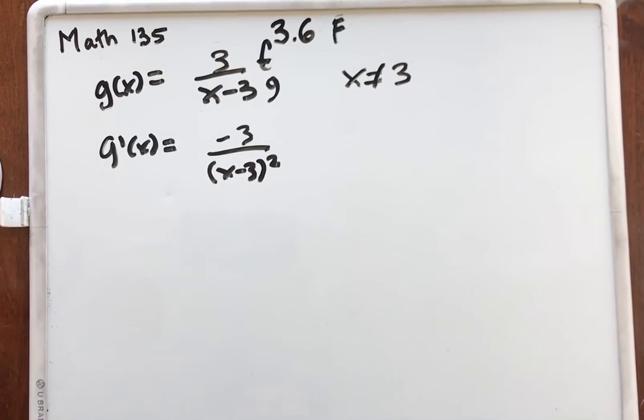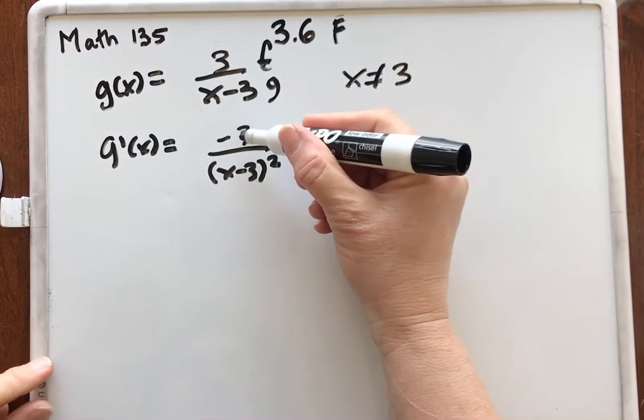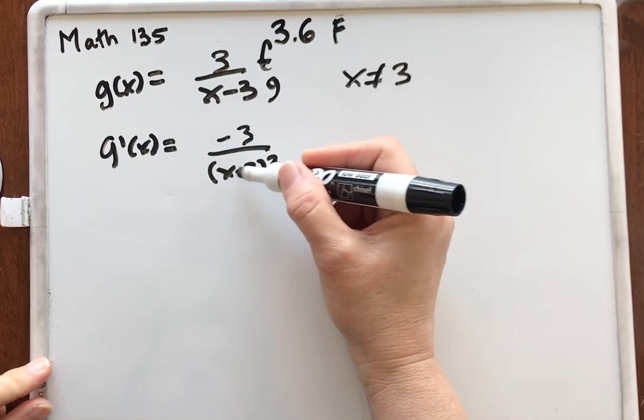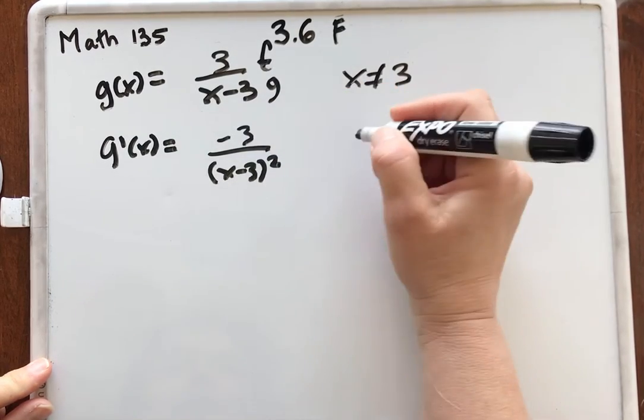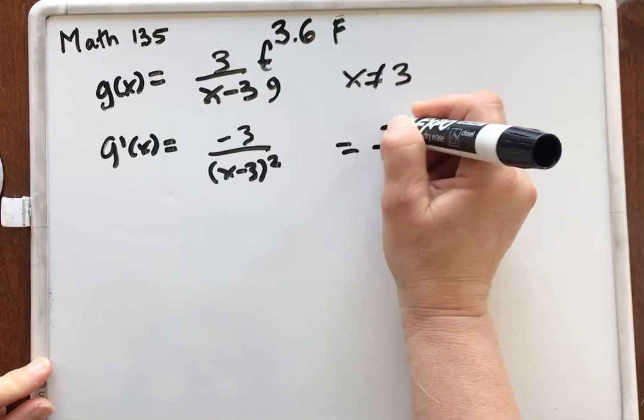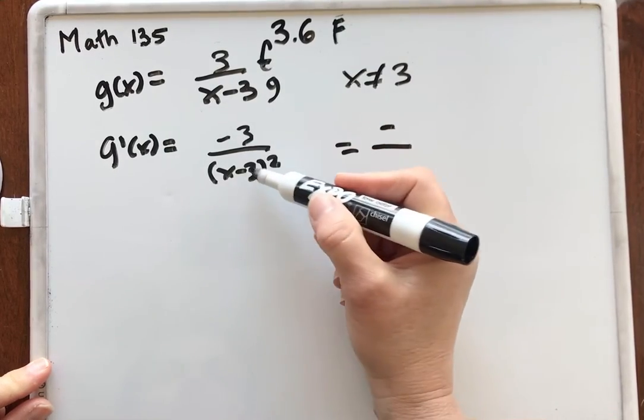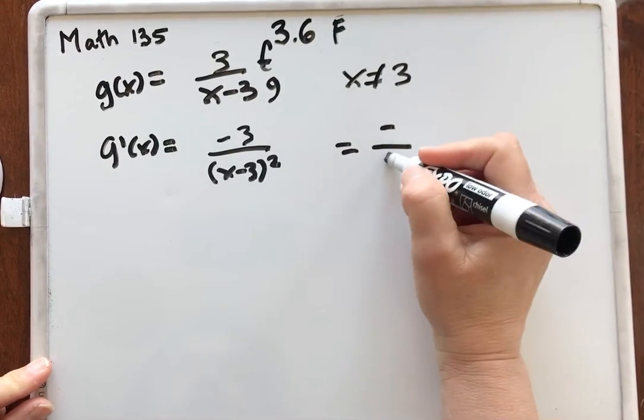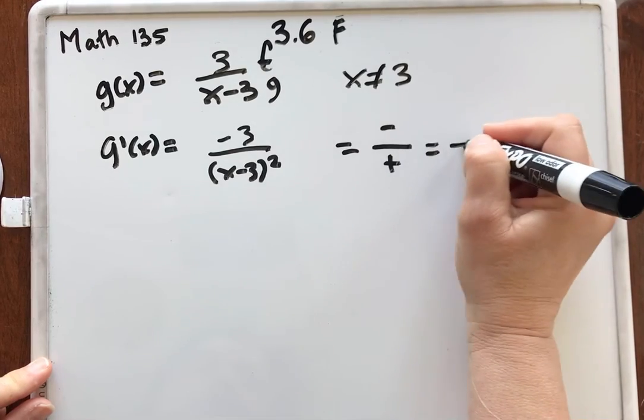3.6f. So we'd stated that g prime of x is negative 3 over (x minus 3) squared. Now notice for all the domain, no matter what we put in x, the numerator is going to be negative. And down here, no matter what I put in, this is going to be a positive, which over is a negative.